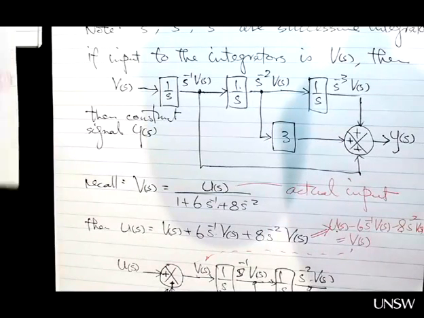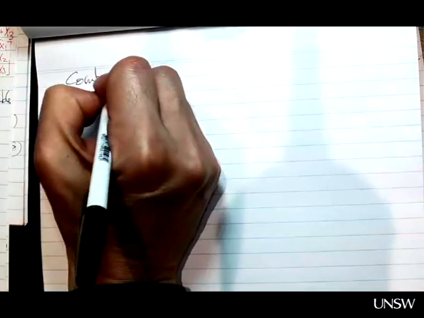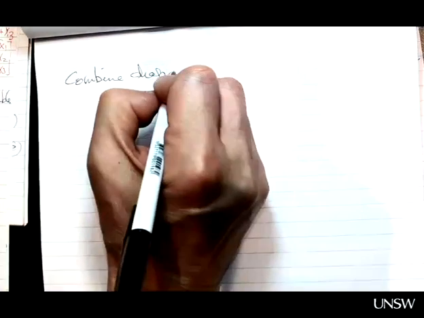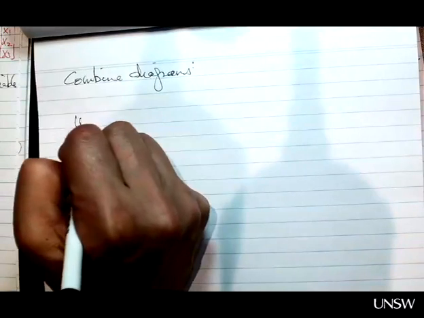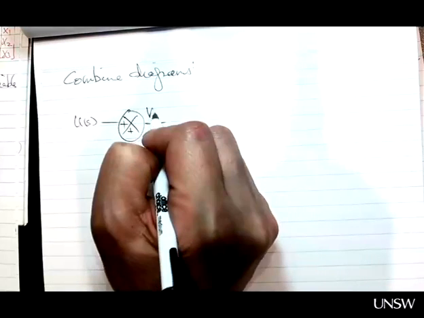If we combine them, then we have the U(s) go in, and then with the V(s).